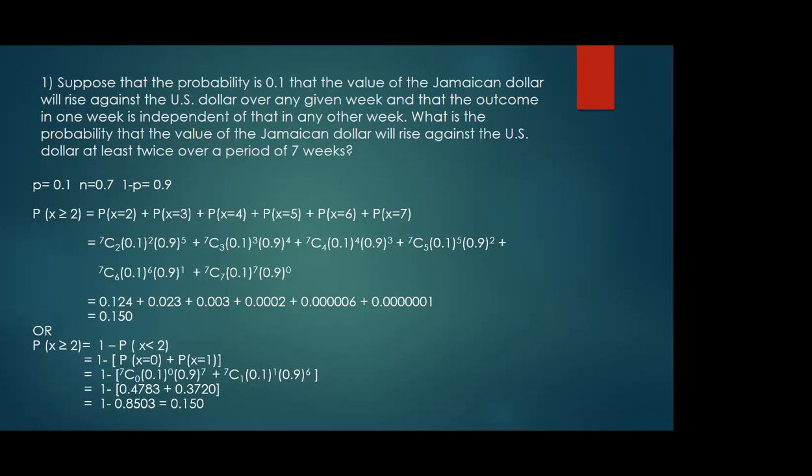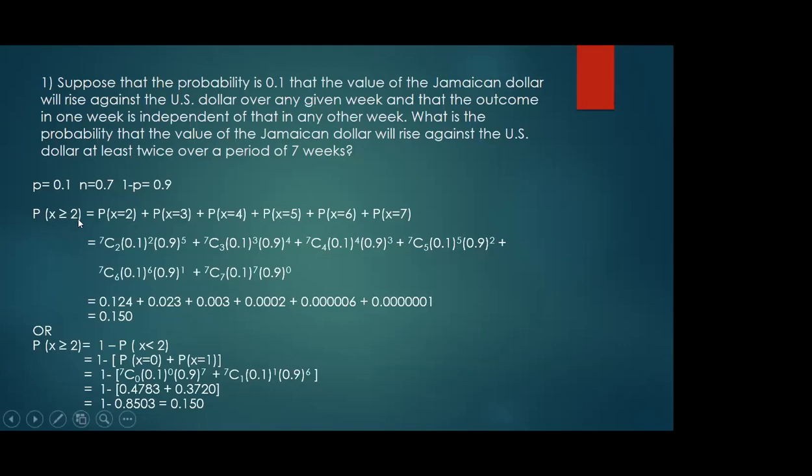If they said at most, we're dealing with a maximum value, so it's less than or equal. For at least, it's greater than or equal to, since we're dealing with the minimum value. So in this case, we can write the probability that x is greater than or equal to 2.